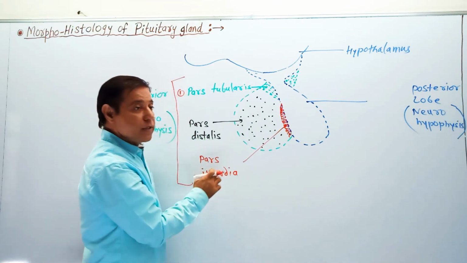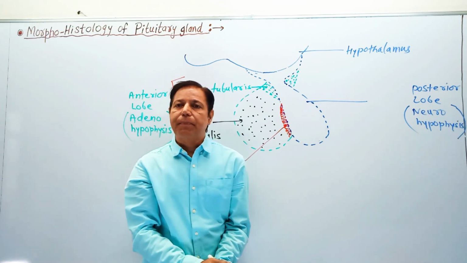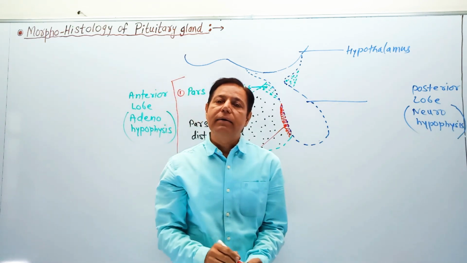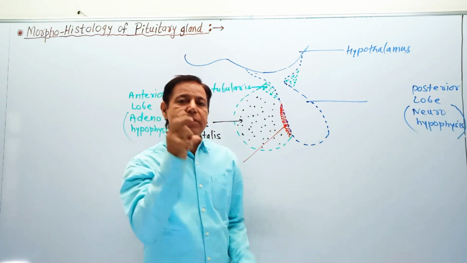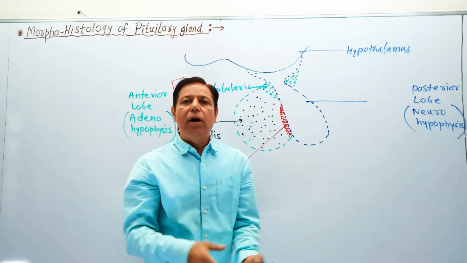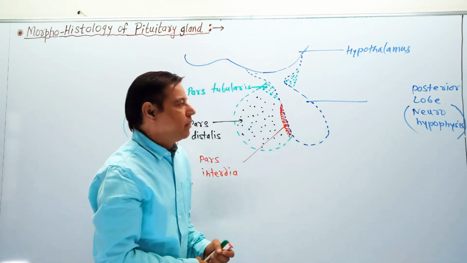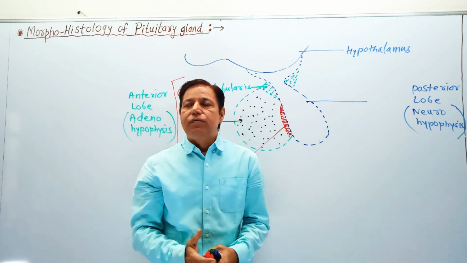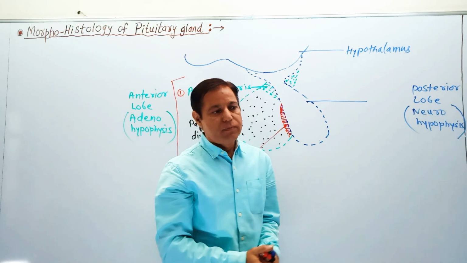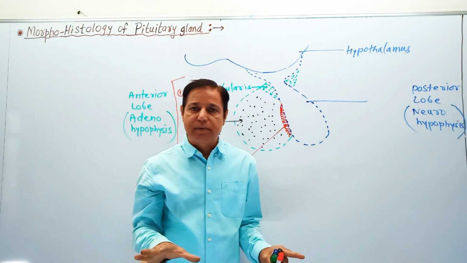But intermediate lobe is functional in case of lower vertebrates like reptiles and amphibia, where this intermediate lobe is large, functional, and secretes a hormone MSH, melanocyte stimulating hormone, which helps in change of their skin to camouflage, to match with the surrounding conditions.